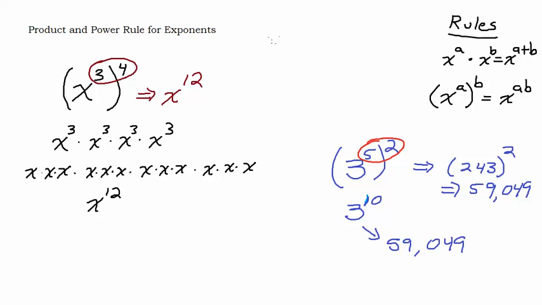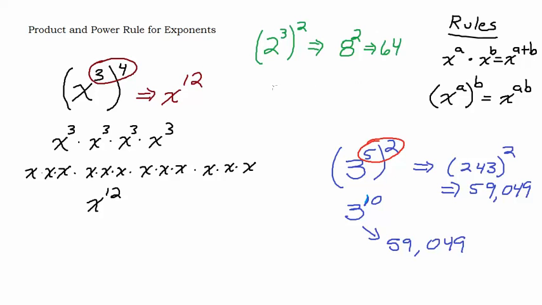Let's say we had 2 to the 3rd squared. If I just did that out without using any rules, I would do what's in the parentheses first. So 2 to the 3rd is 8. And then if I square that, I get 64.